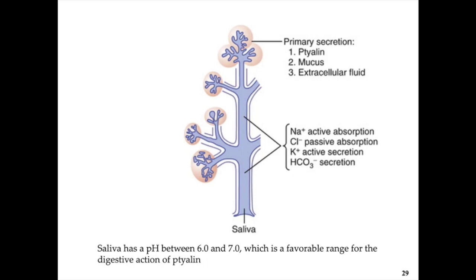I mentioned the pH a couple of times. Let me reiterate the pH here, but also add that the pH of the salivary secretions is around 6 to 7.